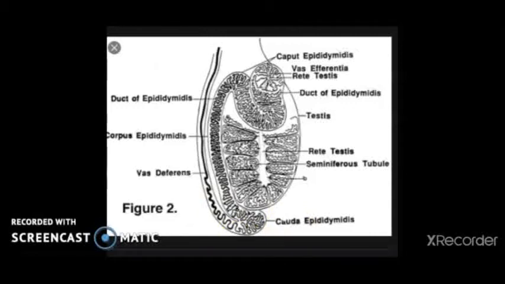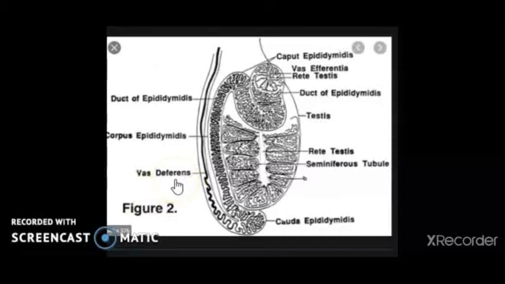The sperms undergo maturation in the epididymis. Posteriorly, it leads into the vas deferens. This vas deferens travels up into the abdominal cavity and loops over the ureter, then opens into the urethra. Before doing so, it joins the duct of the seminal vesicle.